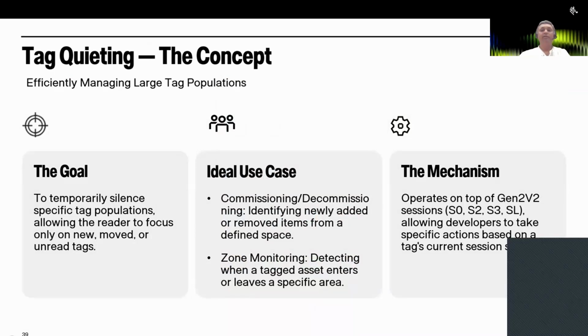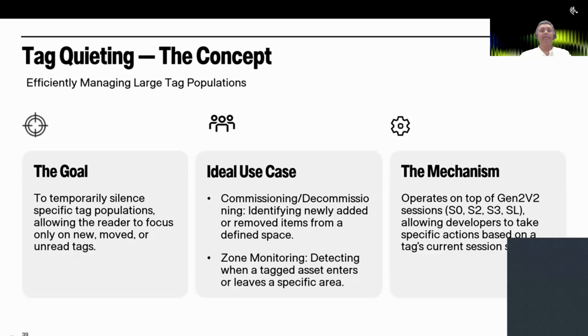Generally the ideal use case is where we want to remove those tag populations which have already participated in our defined space, and then focus on the tags which are not read so that you can perform actions. And as you perform action on those tags of interest, you want to remove them from the reading zone, right?